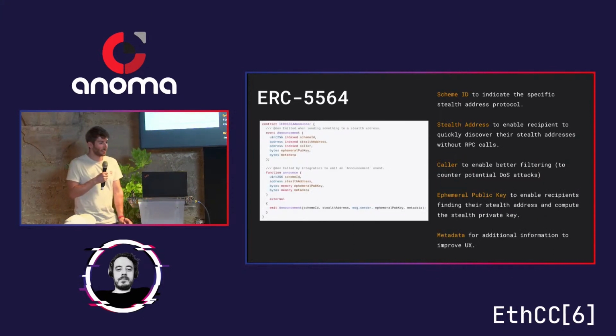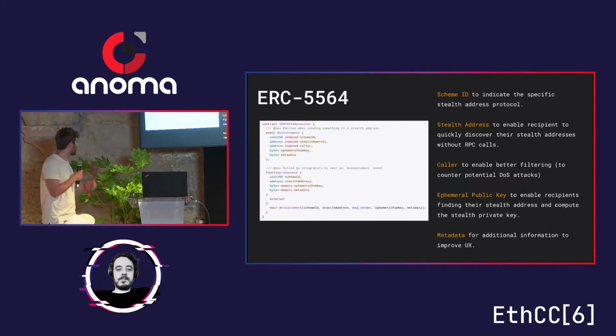For those knowing Solidity, you can see the contract here on the left-hand side. It's essentially a very simple smart contract that only consists of an event and a function, and the function lets you do nothing else than emitting the event. So we have the function that can be called by everyone during the stealth address transfer, letting the recipient know exactly which stealth address protocol was used.